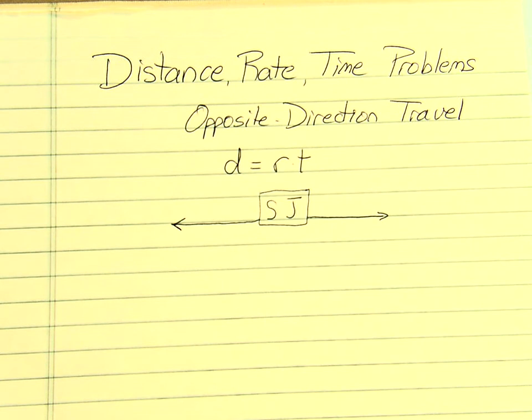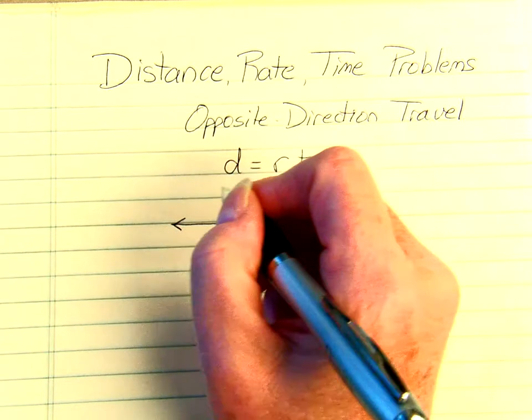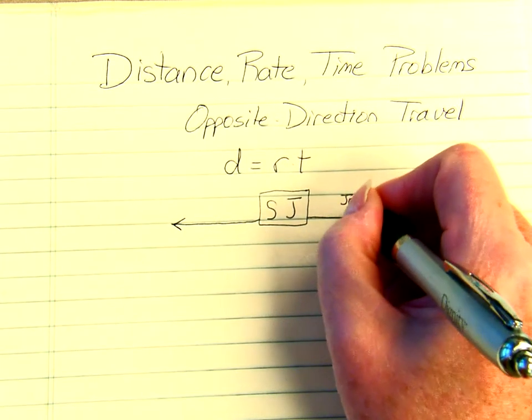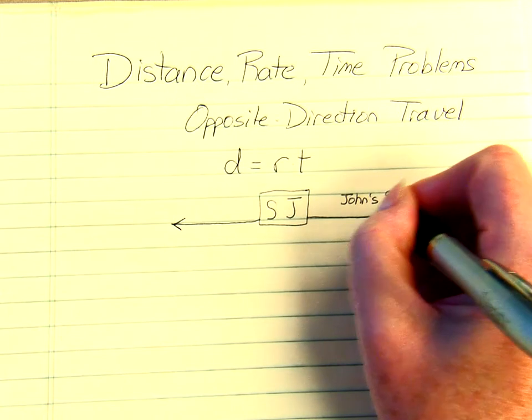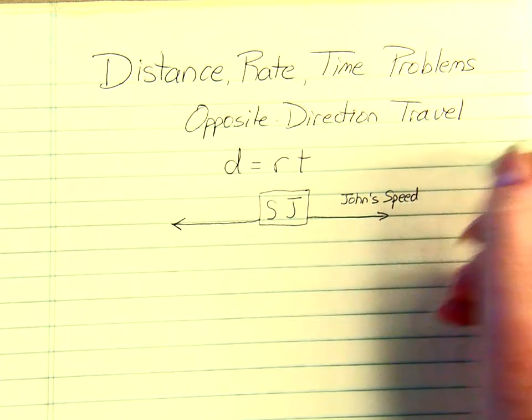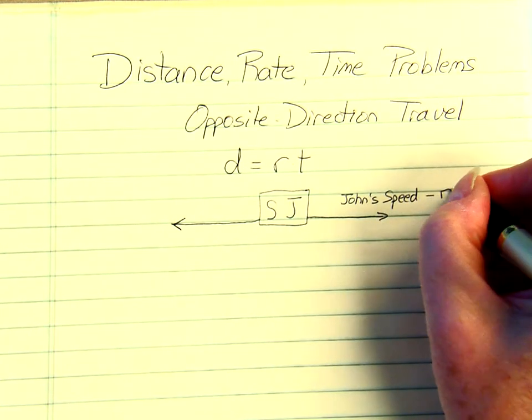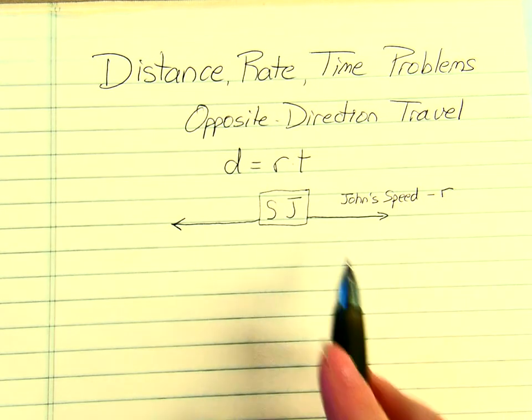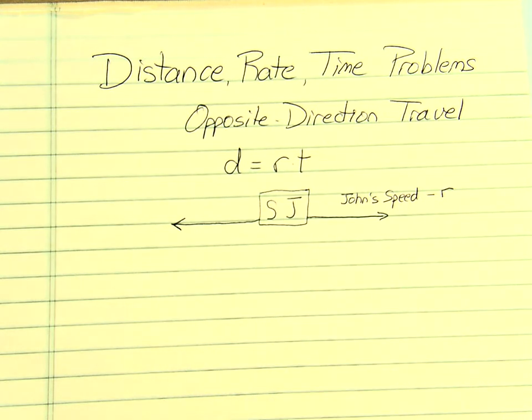Now Sarah has a heavy foot, so Sarah is driving 12 miles per hour faster than John. Here you've got John's speed, which we don't know what it is, and I'm going to call that R, and Sarah's speed is John's speed plus 12.